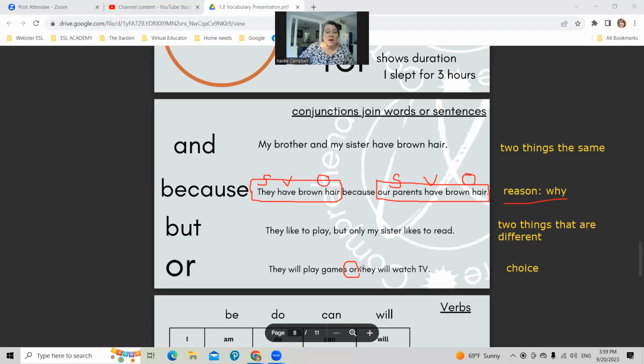Or means this one or this one, but not the two of them. They can't do two things. They can only choose one. Okay? All right. If you need to take notes, I'm going to clear the drawings very soon. So pause the video.